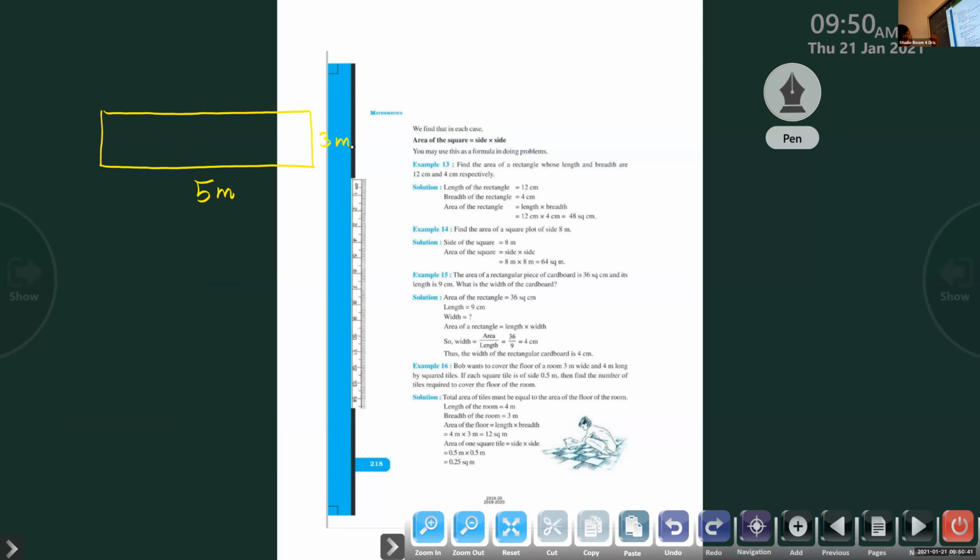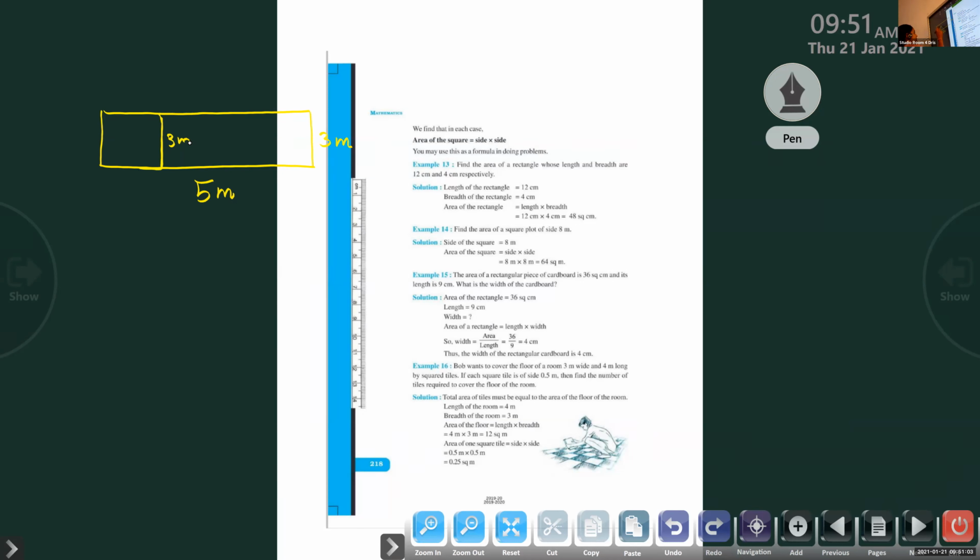And I'm covering this with square tiles, square tiles of side 3 meter. Now, how many tiles are required here?